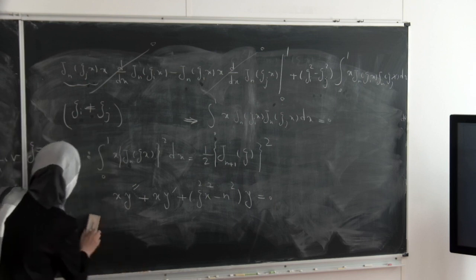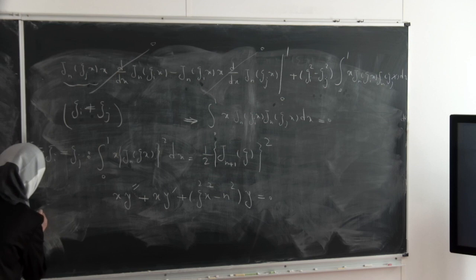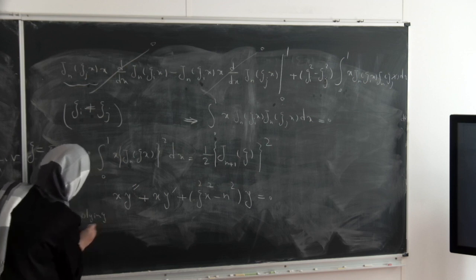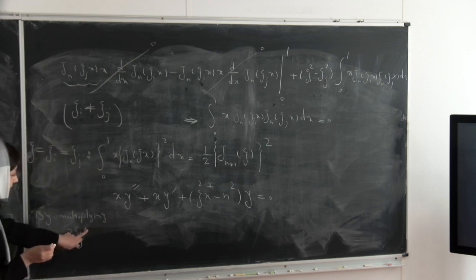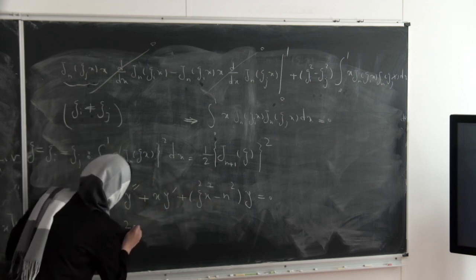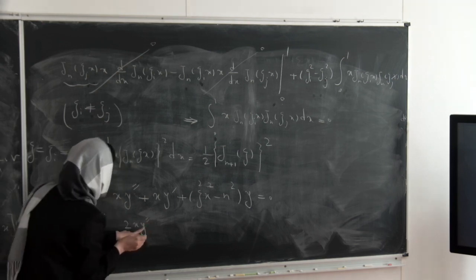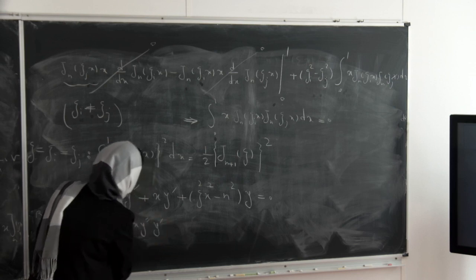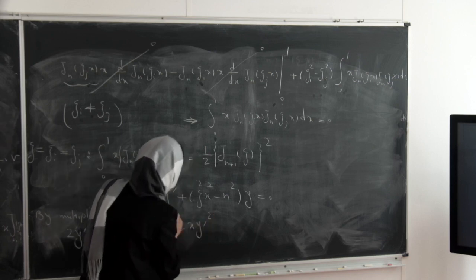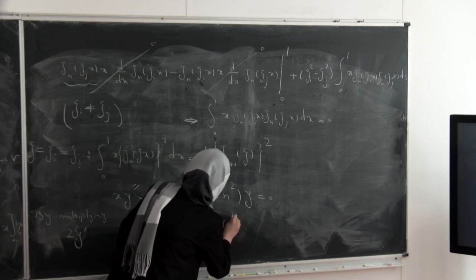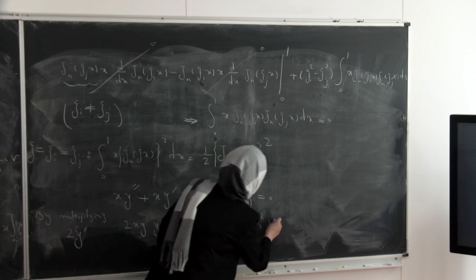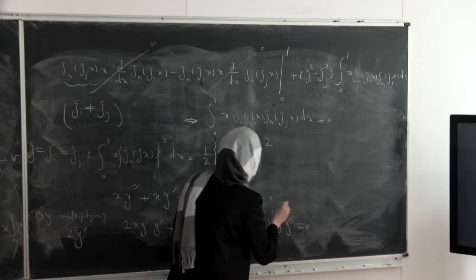By multiplying the derivative of y on both sides of this equation, we can write 2x squared y double prime y prime plus 2x y prime squared plus 2 (xi squared x squared minus n squared) y y prime equals 0.